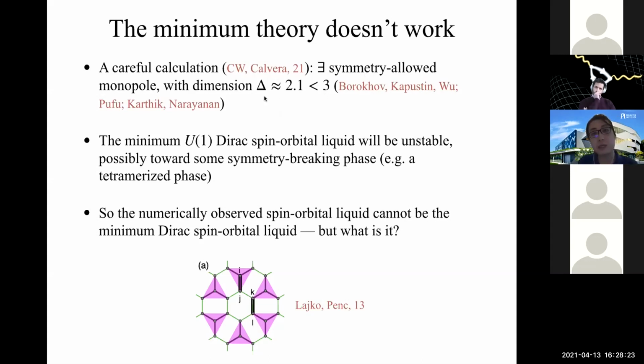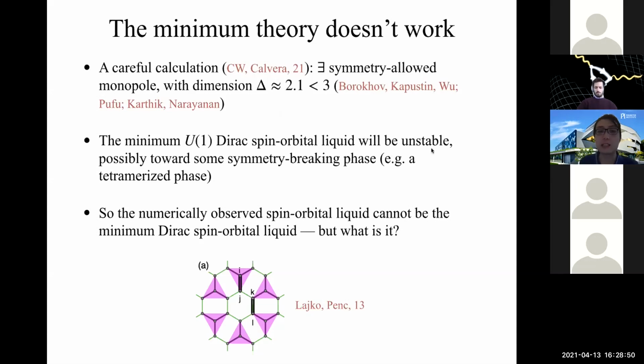And from quite reliable either large N or numerical calculation, this monopole operator has dimension roughly 2.1, so it's definitely relevant. Which means this minimal U1 Dirac spin orbital liquid cannot really literally make sense.